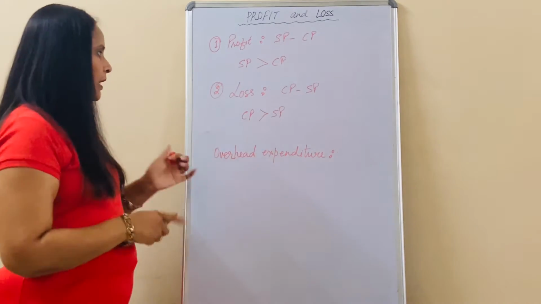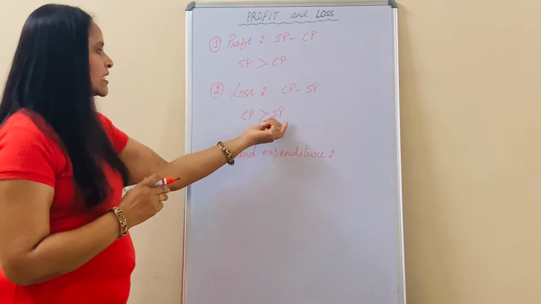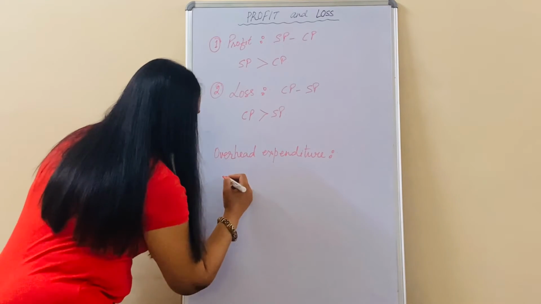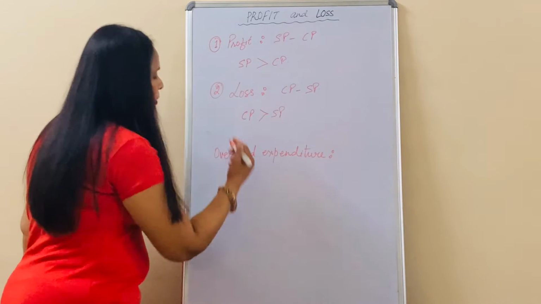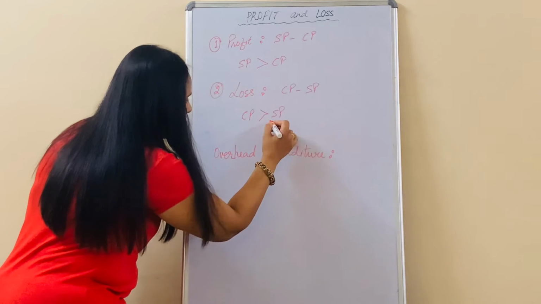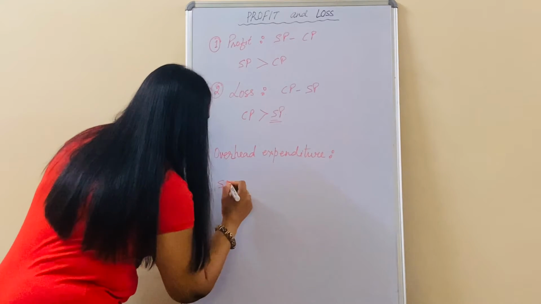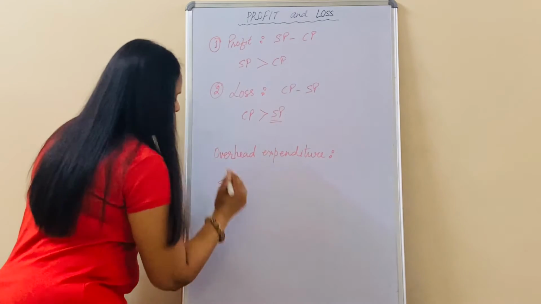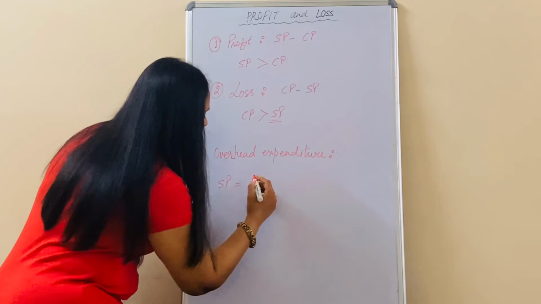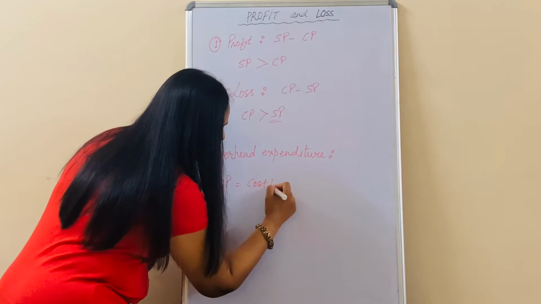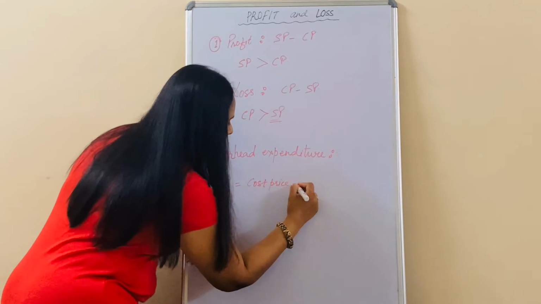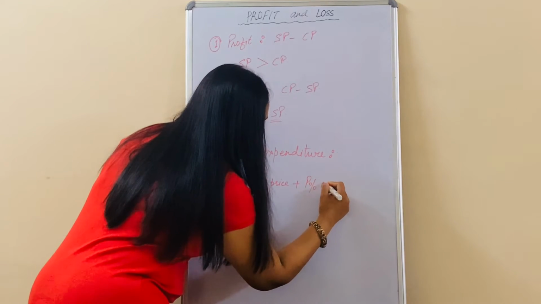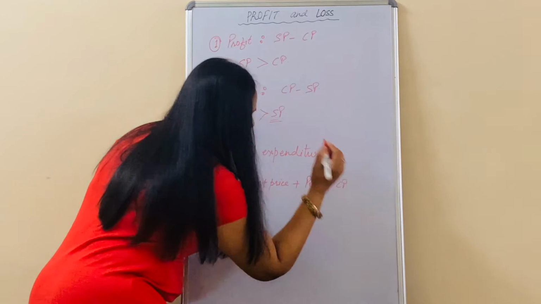Now let me explain how we can calculate the SP or CP when we have a percentage profit. Suppose everything is given in profit, which is in percentage. How can we calculate the selling price of an article if we are given the profit percentage? Selling price will be equal to the cost price plus the profit percentage of cost price.